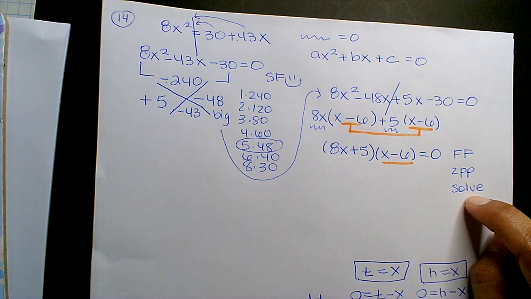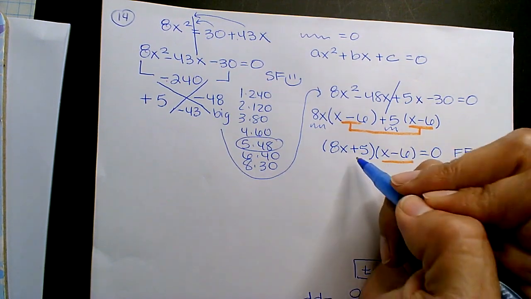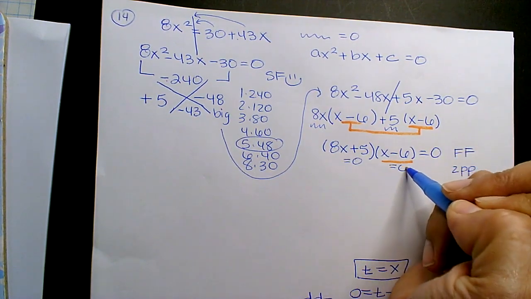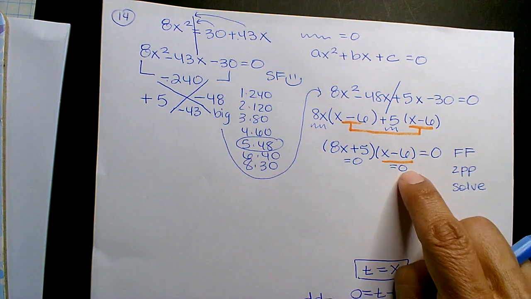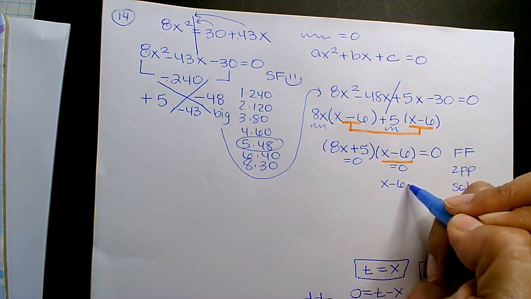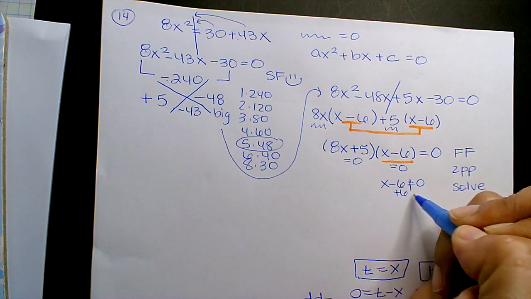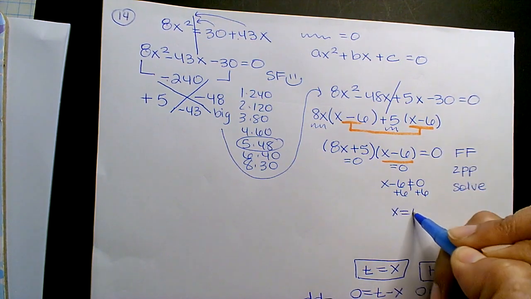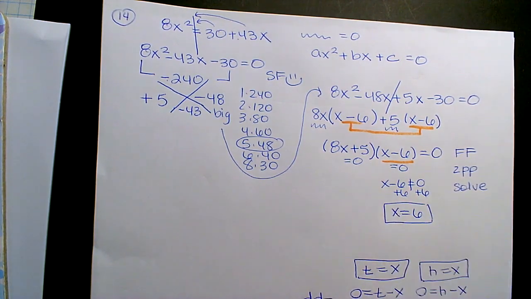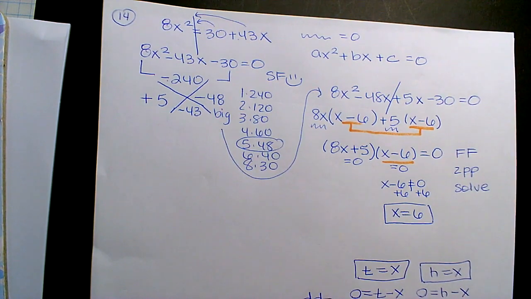We're trying to work up to graphing these, okay? All right, so what happens? You set the binomials individually equal to 0. So this one's really easy. You're probably like, okay, I don't have to show all this work. I already know it's x equals 6, so beautiful, right? This one though, because the coefficient of x is 8, you're gonna have a fraction solution, right?